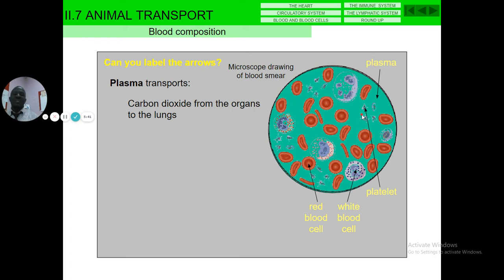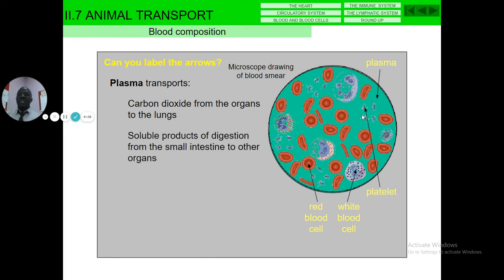So the three types of cells make up the 45% of the components of blood, and then the 55% makes up the smaller components of blood, including proteins, amino acids, glucose, mineral ions, urea, and all other substances which make up plasma, and it's the transporting medium.